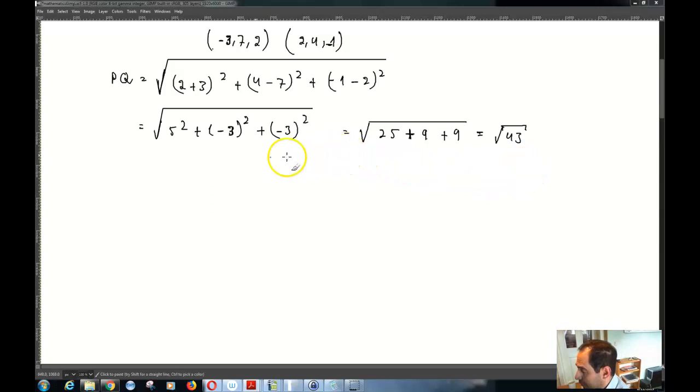Part 3, you have the points negative 1, 3, negative 4, and 1, negative 3, and 4.